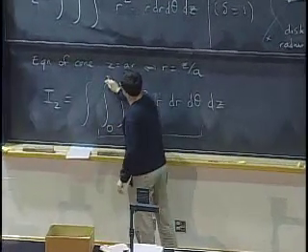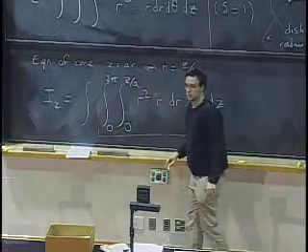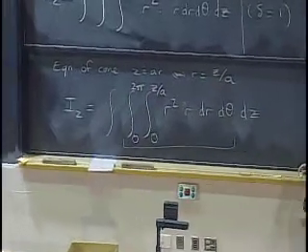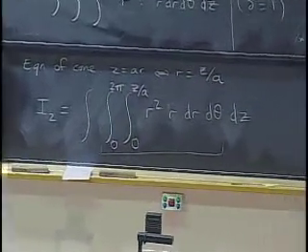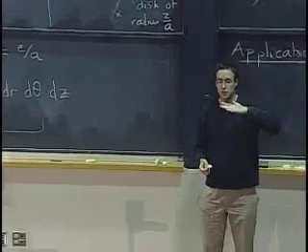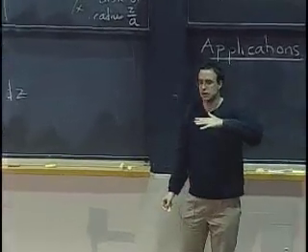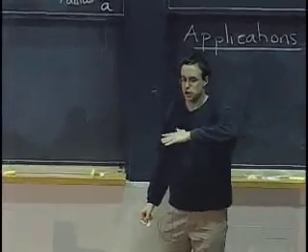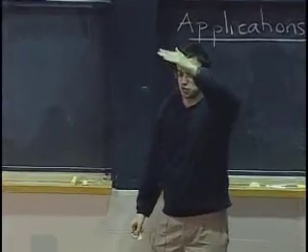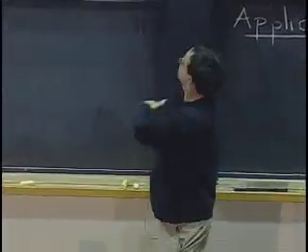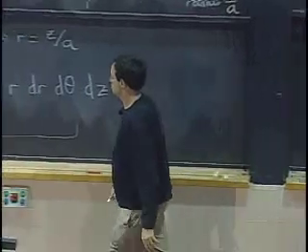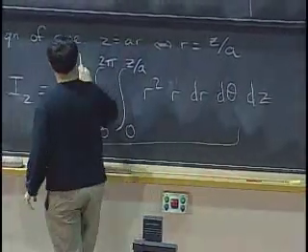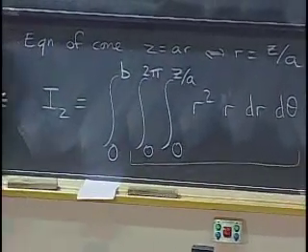Theta goes from 0 to 2 pi. And then for the bounds on z, now it's my outer variable. So the question I have to ask is, what is the first slice, what is the last slice? The bottommost value of z would be 0, and the topmost would be b. And so that's what I get.